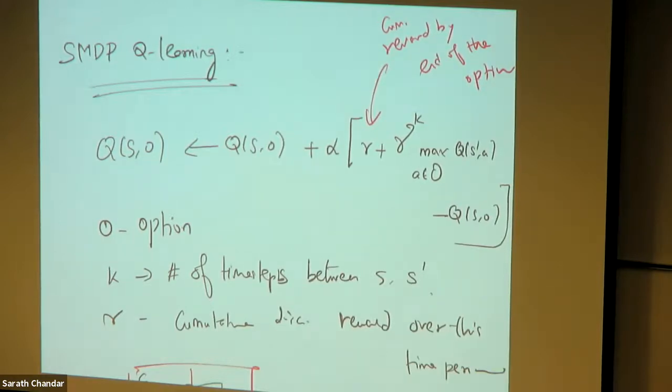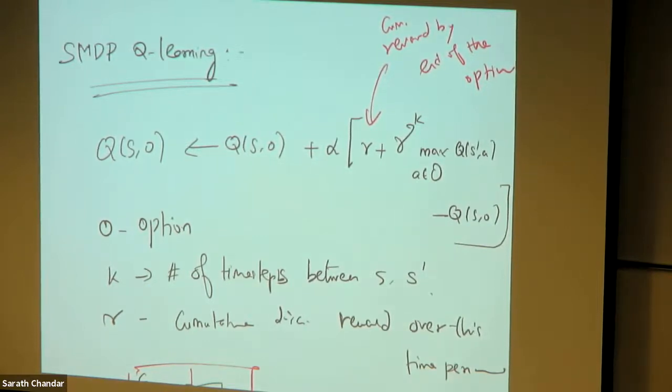But if you have the ability to learn within the option, it is some sort of off-policy learning, just like how off-policy learning learns about one policy while behaving using another policy. You could have one option as your behavioral policy, while simultaneously learning for other options, which are all your target policies.